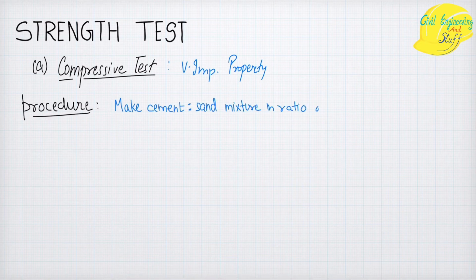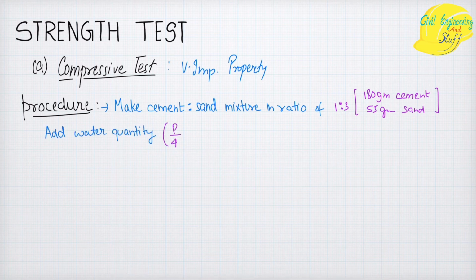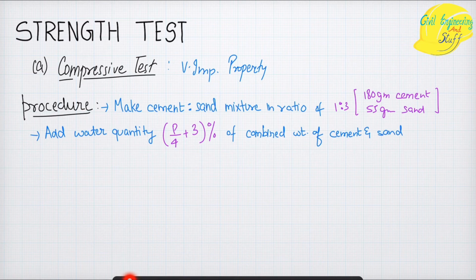Now, in this, we make a cement sand mixture in the ratio of 1:3. It is 185 gram cement, 555 gram of sand, and we add a certain quantity of water. The quantity of water that is going to be added is P by 4 plus 3% of the combined weight of cement and sand.